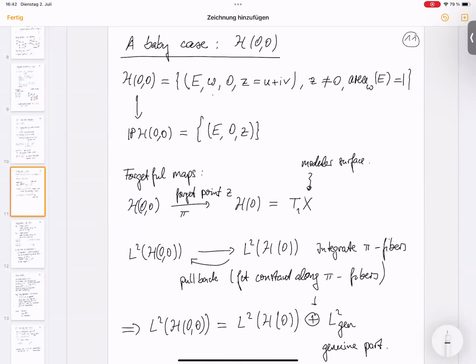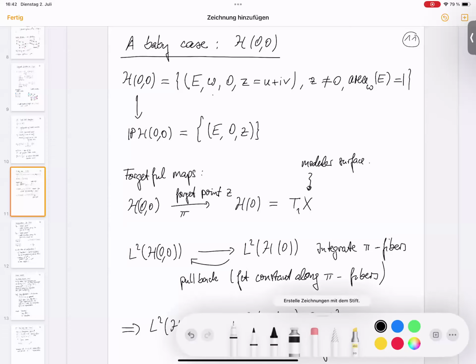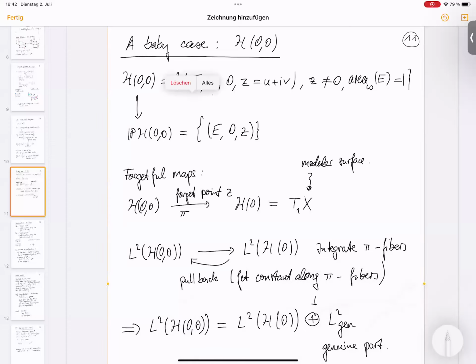Let me go now to the baby case that I want to study and that I can really decompose. The case H00. What does that case mean? It means that we take an elliptic curve together with a holomorphic differential form, and two points which are zeros of order 0 of the differential.